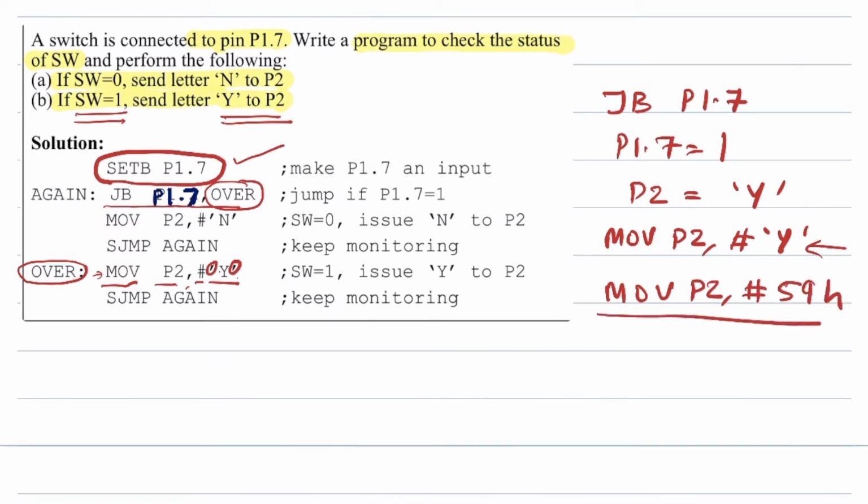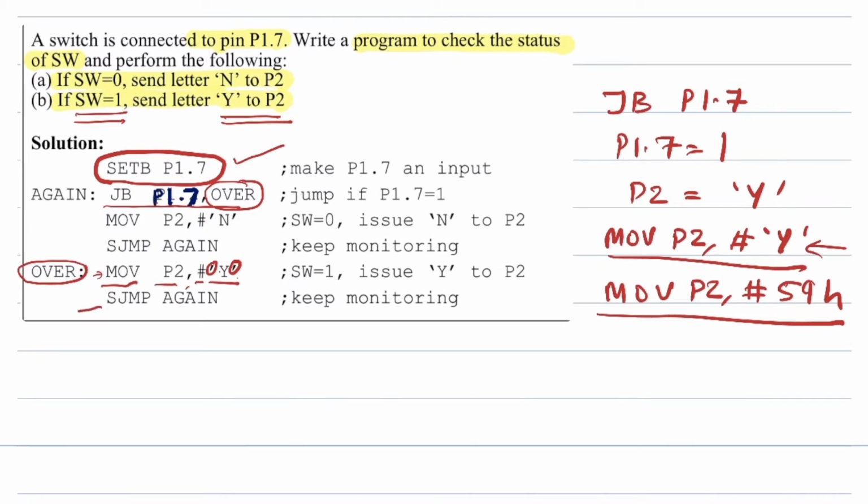The same thing is being done using this line, so you have to make sure that the quotes are mentioned. So if this bit is 1, then P2 will have this Y. And again, we have to check the value of P2 because it keeps on continuously checking.